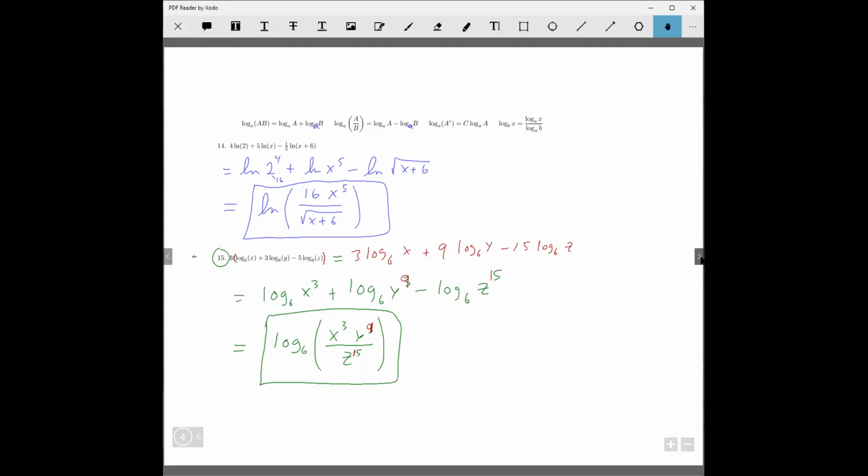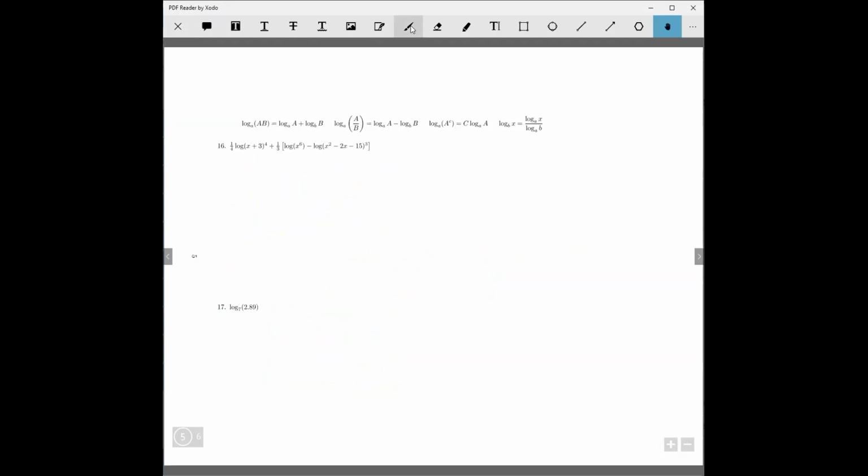Okay, number 16. So 1/4 log. We're supposed to combine this one as well. So this 1/4 comes up, and 1/4 times 4 is just 1. So this is just going to be log of x plus 3, the first term, because 1/4 times 4 is 1.